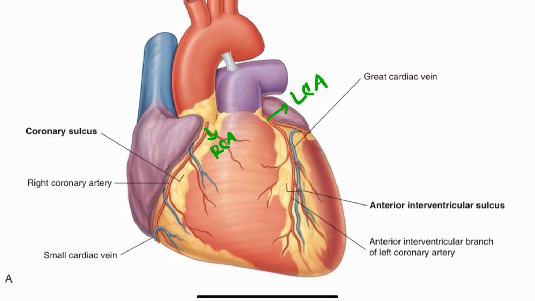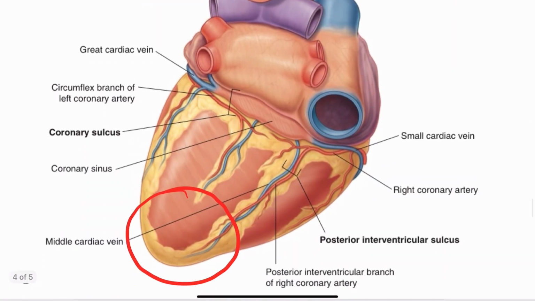After arising from the root of the aorta, the right coronary artery travels this way, and then it goes back to the posterior surface, travels through the posterior interventricular groove and becomes the posterior interventricular branch.